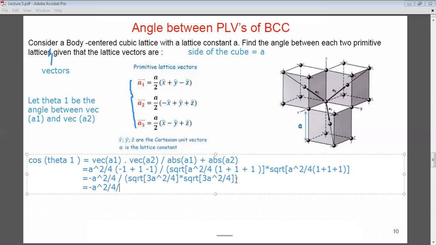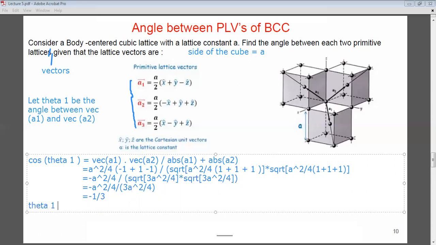So that's 3a squared over 4. Now a squared over 4 cancels a squared over 4 and I get minus 1 over 3. And what is the angle whose cosine is minus 1 over 3?